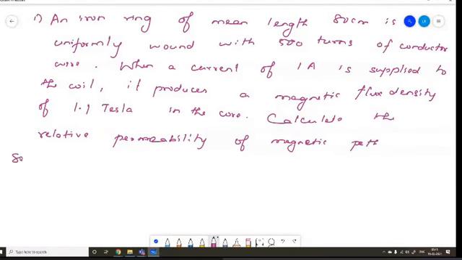So first of all, let me try to express whatever has been given in the form of a diagram. It is given that it is an iron ring, so let me first draw an iron ring.